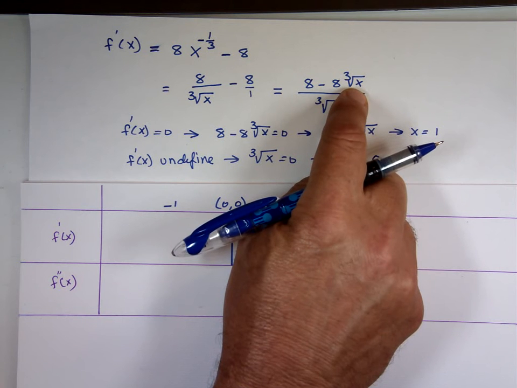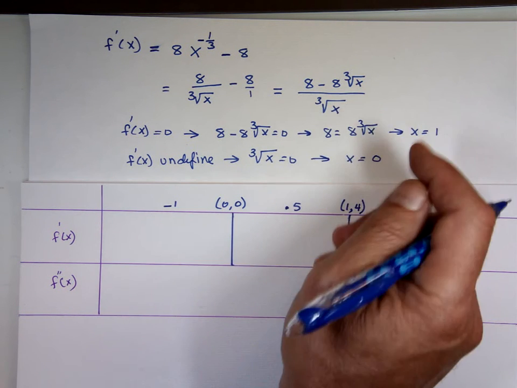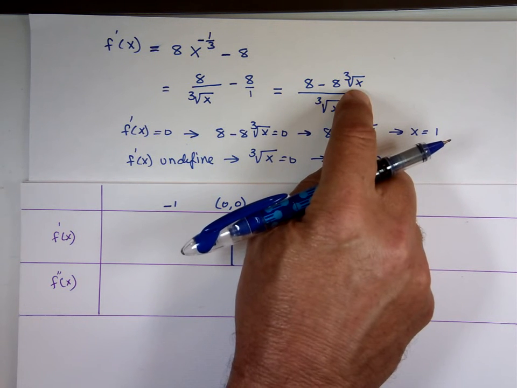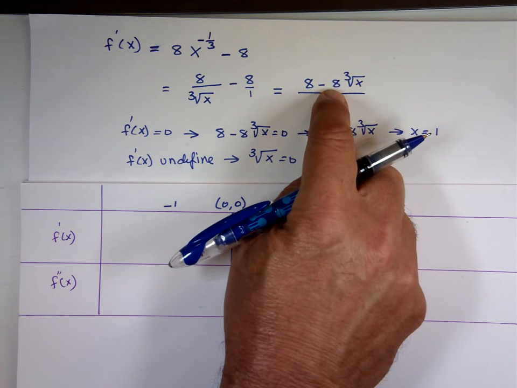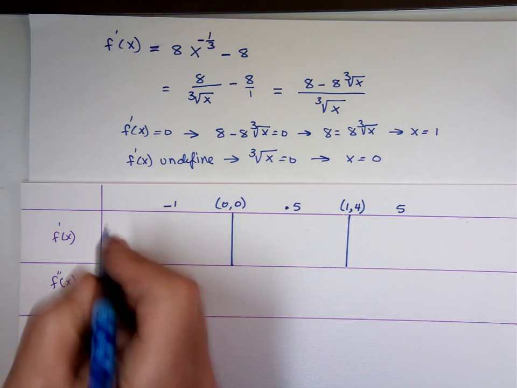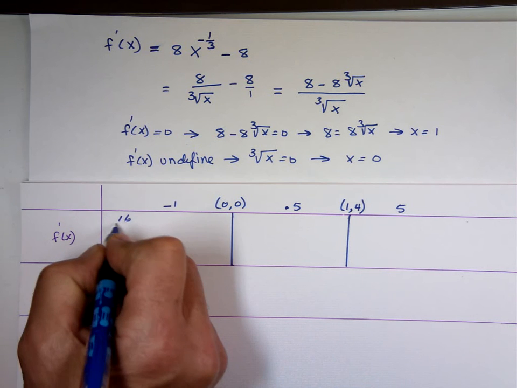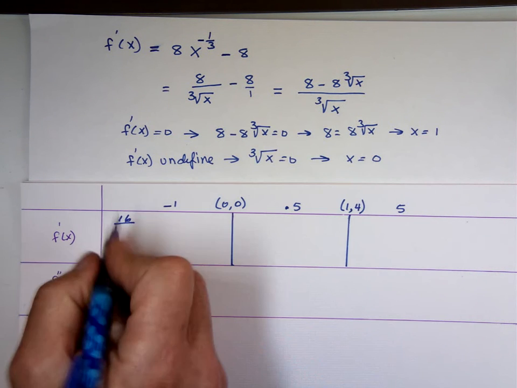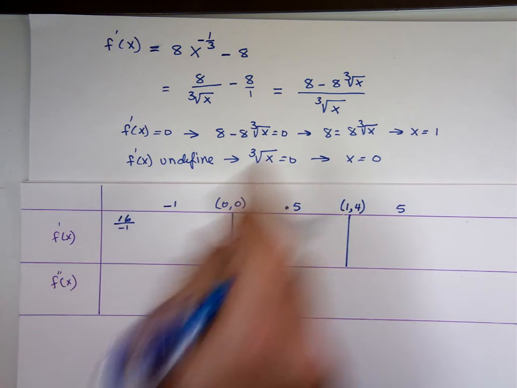Isn't that negative 1 times the negative 8, that's plus 8. 8 plus 8, that's 16. Over what? Negative 1? Positive over negative, which is what? Negative, that's decreasing.